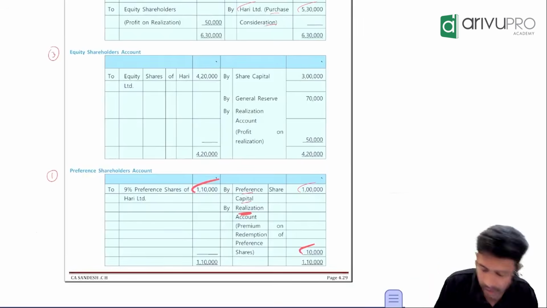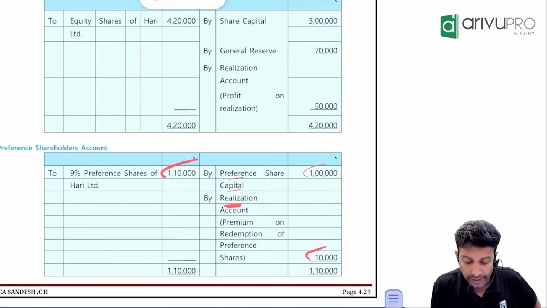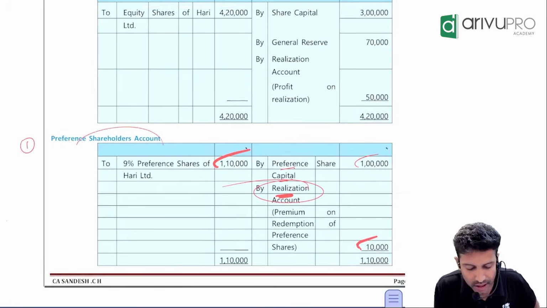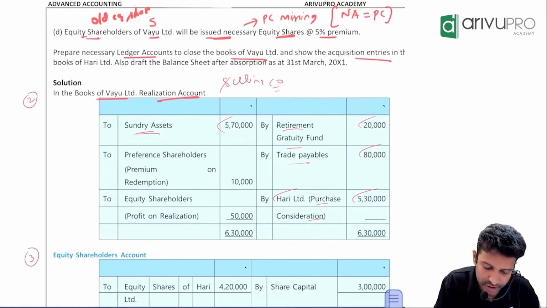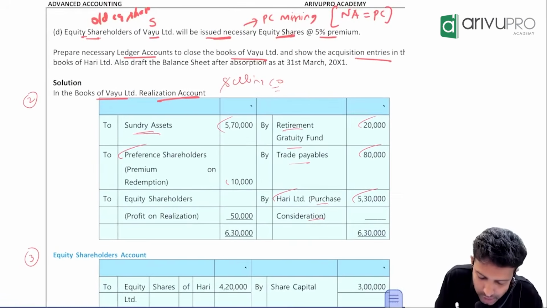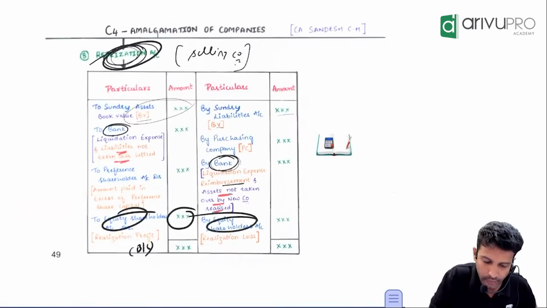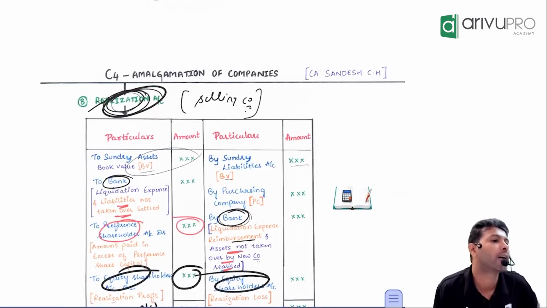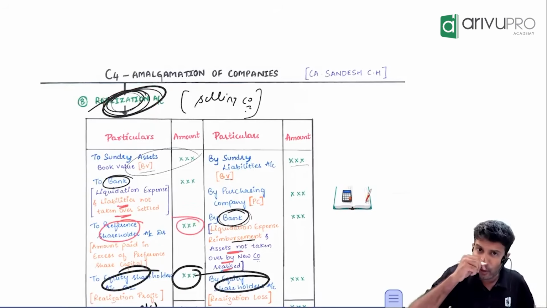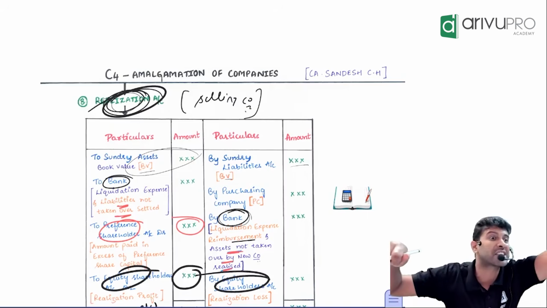Okay, Navibal, what did you post it as here? Quickly tell. The entry is what here? Realization account debit to preference shareholders. When you post this entry in the realization account, it will come as what? To preference shareholders 10,000. That is what I have written in the chart here. This adjustment will only come when you have paid the same value to preference shareholders or extra values.